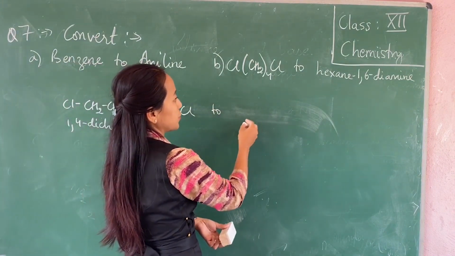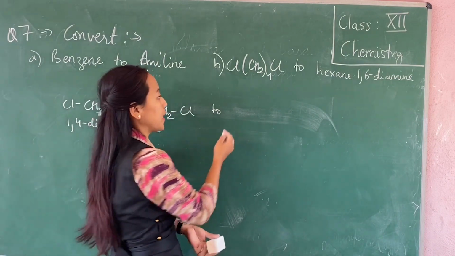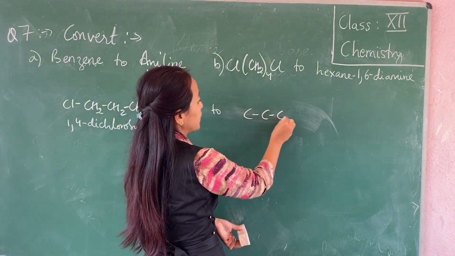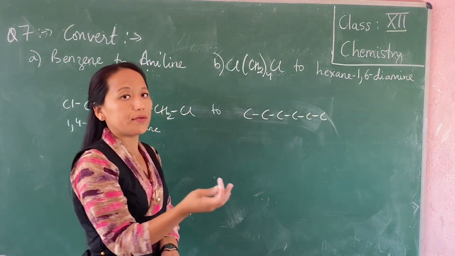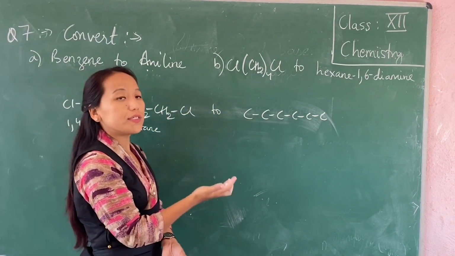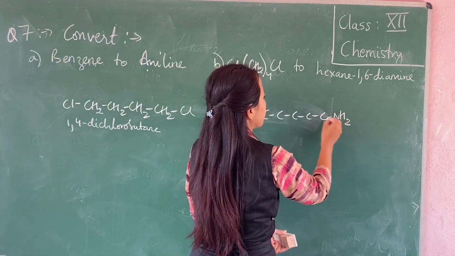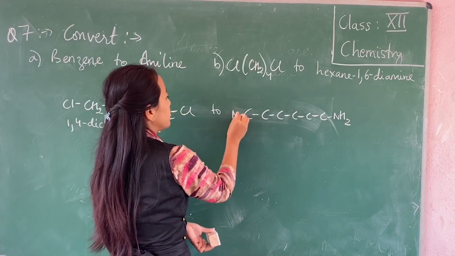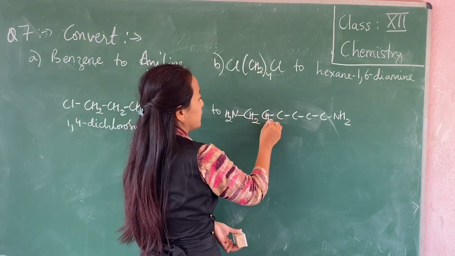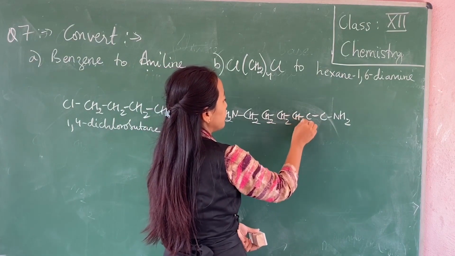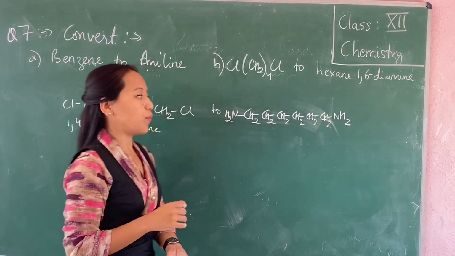If I write down the structure for hexane 1,6-diamine, hexane refers to 6 carbon atoms. 1, 2, 3, 4, 5, 6, and you have diamine. You have NH2 group on the first and the 6th carbon. So NH2 on the first and then NH2 on the 6th carbon. And fill all the remaining bonds with hydrogen atoms, because each carbon always carries 4 bonds.